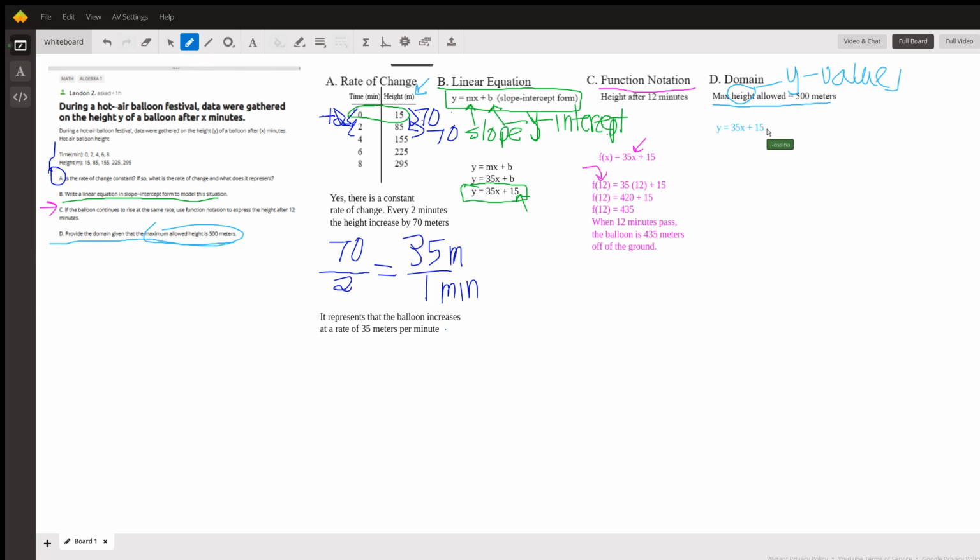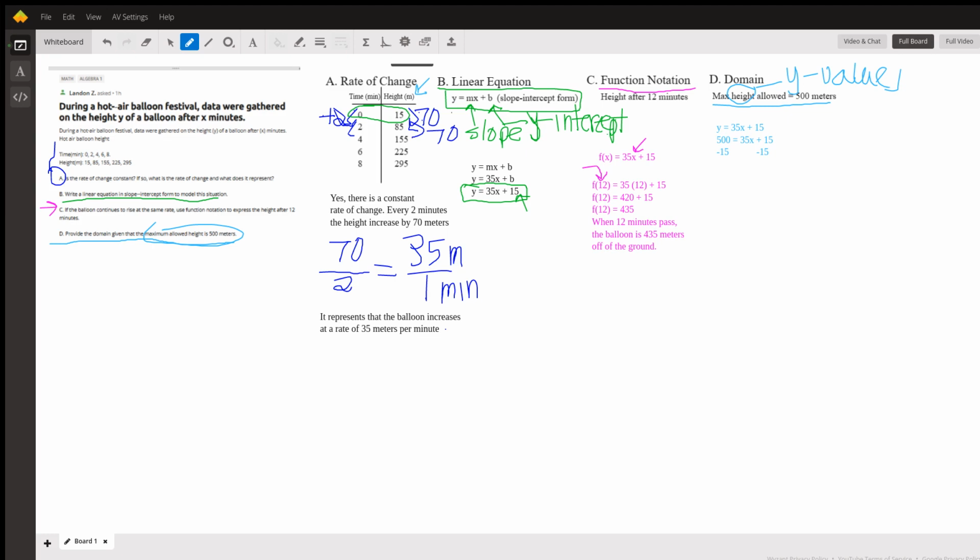And that's very important because you want to know where you're going to plug in what. So if they're saying my height should be 500, where do you think I should replace the 500, the X or the Y? The Y, because it's my Y column that represents height. So we're going to say 500 equals 35x plus 15. And we're going to solve, just regular solving equations. We're going to subtract 15 from each side.